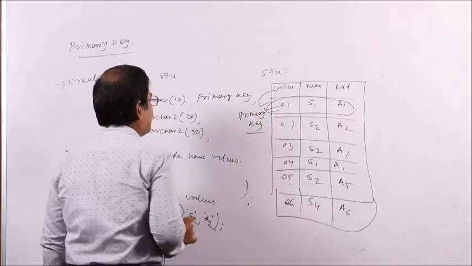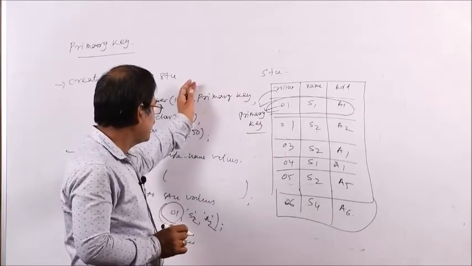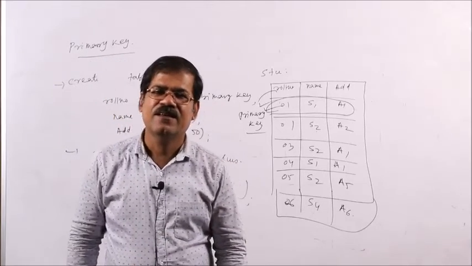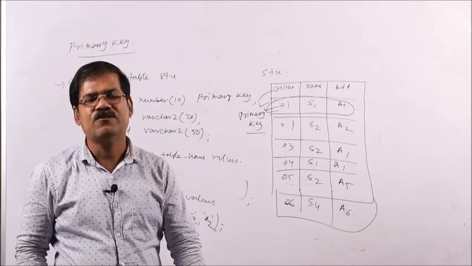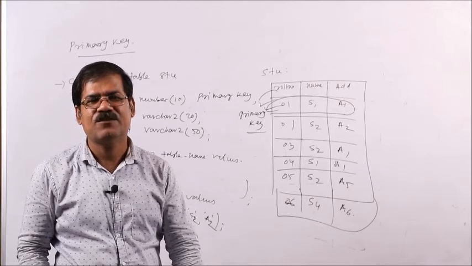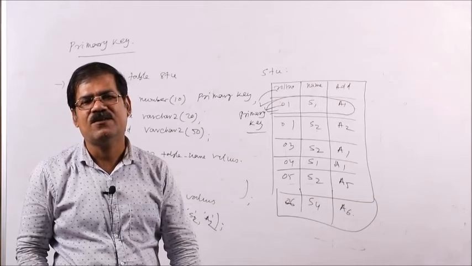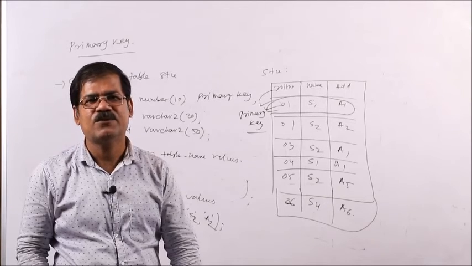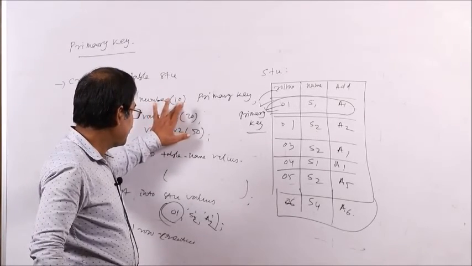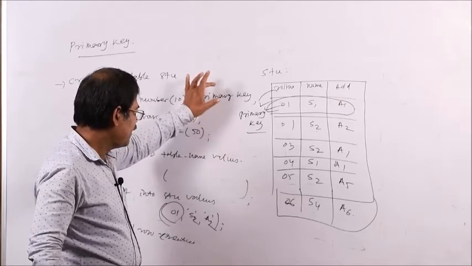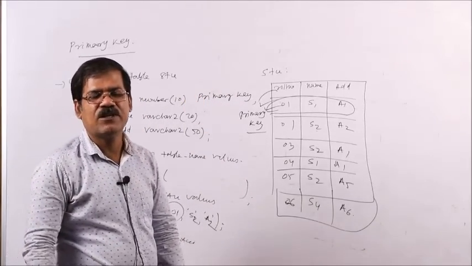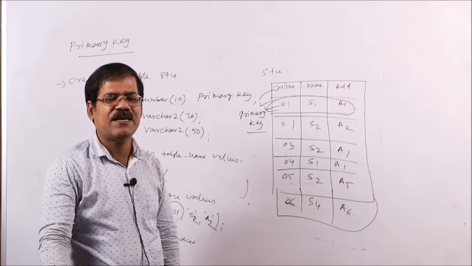That is the comparison between declaring a primary key and not declaring one. If you are not declaring a primary key, every field will accept duplicate values. That means no field is treated as a primary key, so the roll number field also accepts multiple or duplicate values. If you declare roll number, size 10, as a primary key, then according to the constraints or rules of a primary key, it should not accept multiple values, only unique values should be accepted.